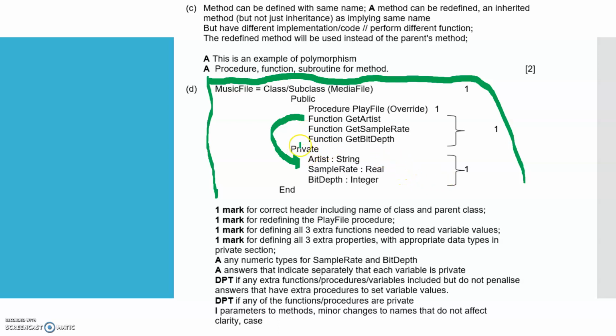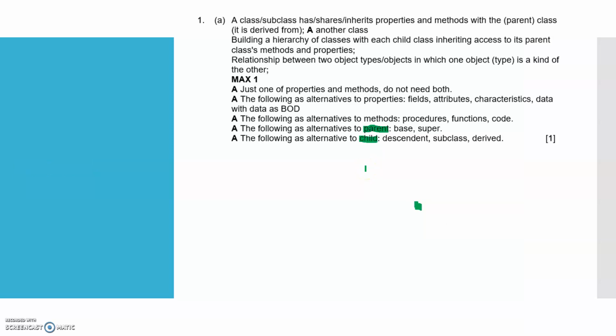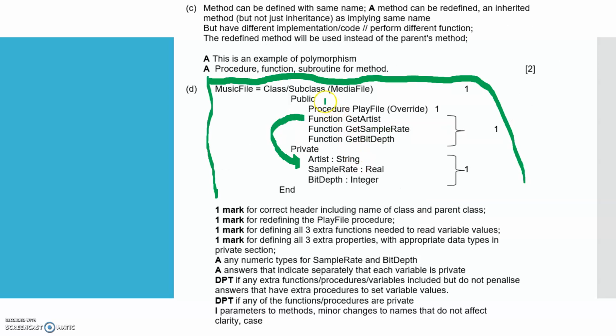And the other key thing to point out in the question here, in case you missed it, is that this class does not have procedures to set the values of the variables, so that's quite important, because that's saving you having three procedures to set the individual values of these attributes. Okay, so hopefully that's tied that up. And again, no constructor needed in this class.